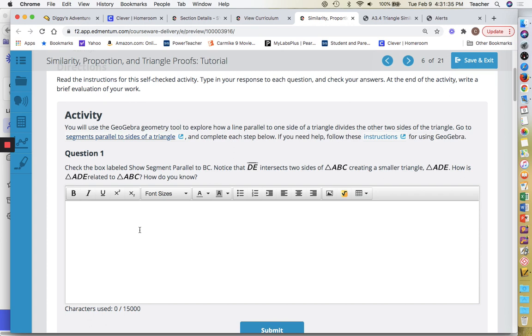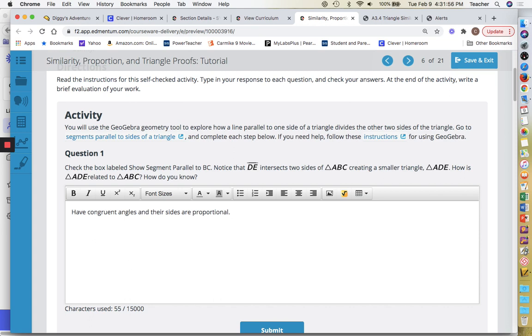Well, if they're similar triangles, and it says they are similar triangles, that means they have congruent angles and their sides are proportional. That's the definition of similar triangles, you guys. How do you know?